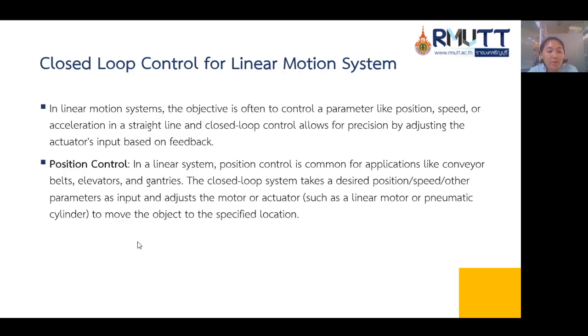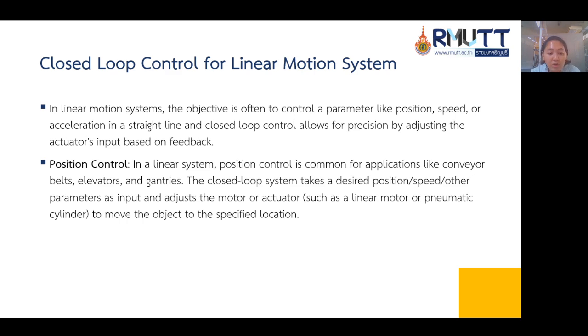And then for closed loop control for a linear motion system, the objective is often to control a parameter like position, speed, or acceleration in a straight line, and closed loop control allows for precision by adjusting the actuator's input based on feedback.